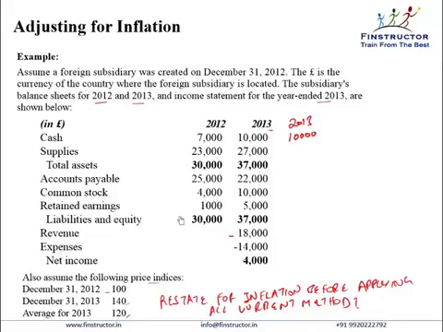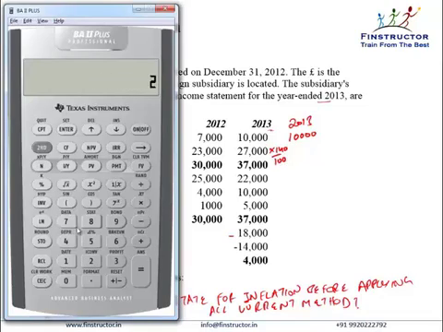So assuming that they were acquired at the beginning of the period, their value today, adjusting for the inflation of 40%, would be 40% higher, or it would be multiplied by 140 by 100. That is 27,000 multiplied by 140 divided by 100. That is 37,800.